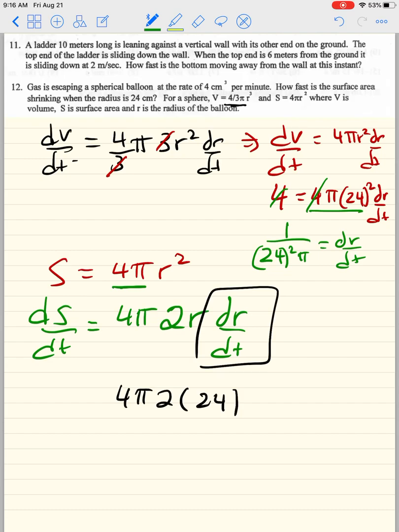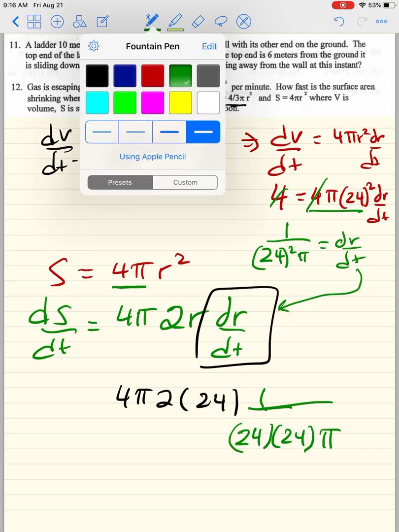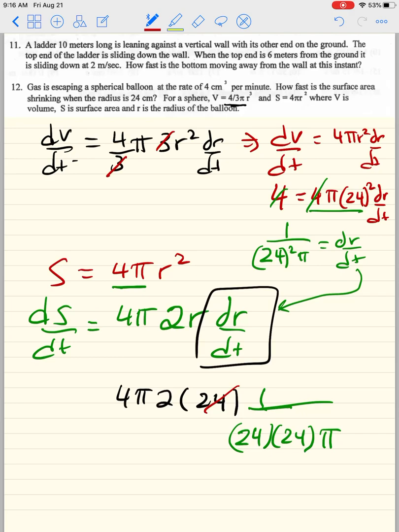Here, I'm going to substitute that in. I have 1 over 24 squared. Remember, 24 squared can be written as 24 times 24, and then pi. Some of you might see why I did that. The 24 in the numerator cancels out the 24 in the denominator. The 4 in the numerator cancels out with the 24 in the denominator, which leaves 6. The pi cancels out with the pi. 2 cancels out with the 6. You're left with 3.